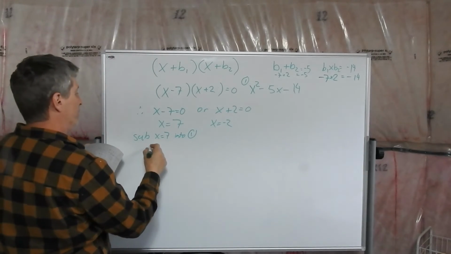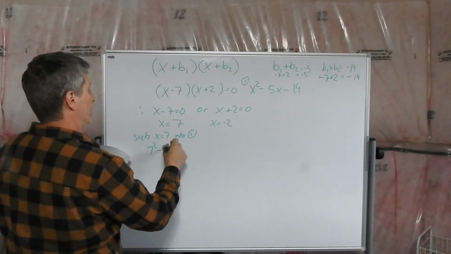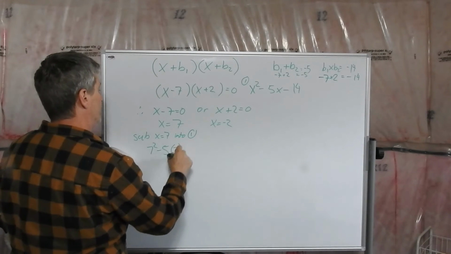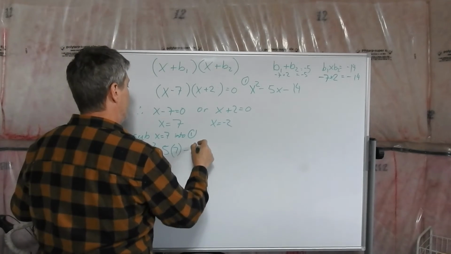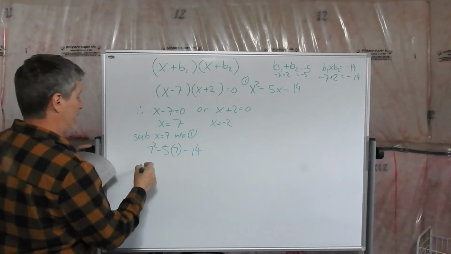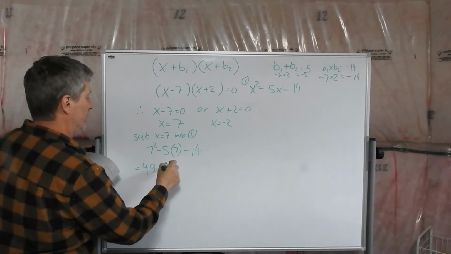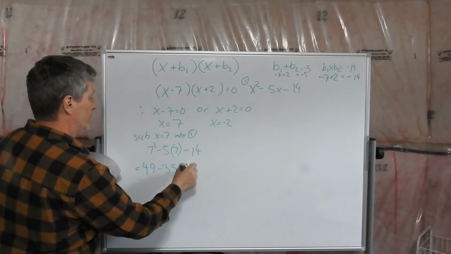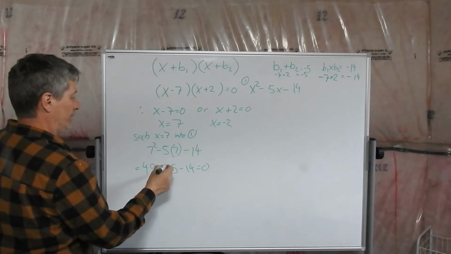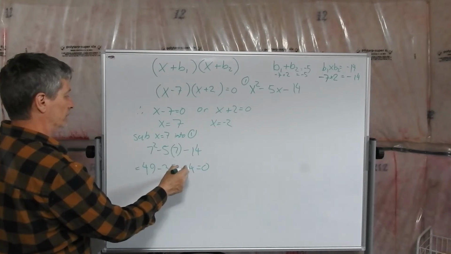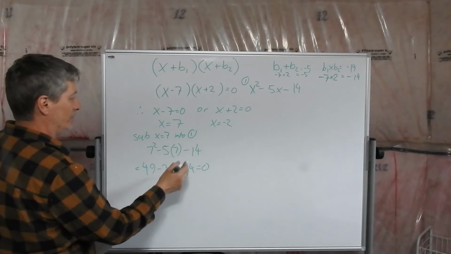Okay, so we have 7 squared minus 5 times 7 minus 14. And what do we get? 49 minus 35 minus 14 equals 0. 49 minus 14 is 35. 35 minus 35 is 0.